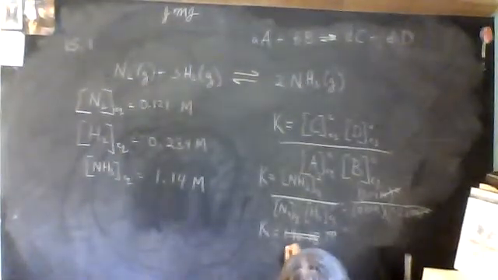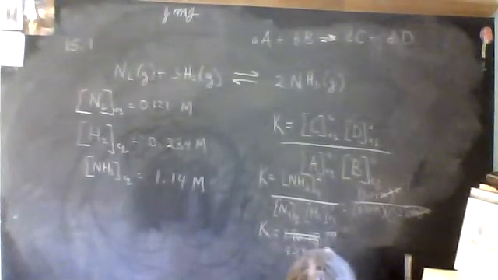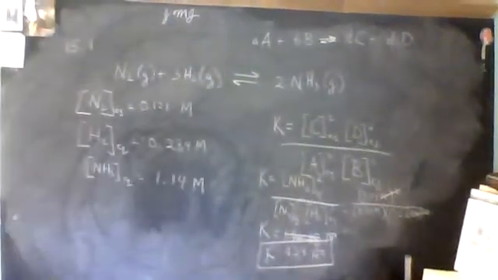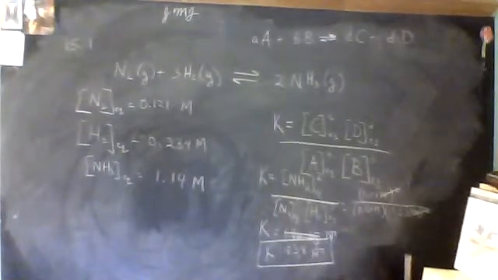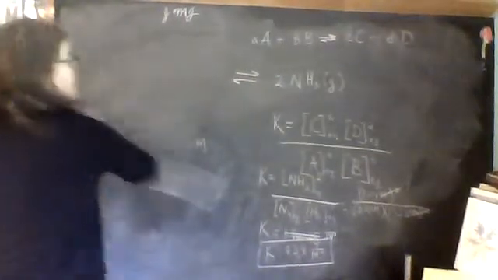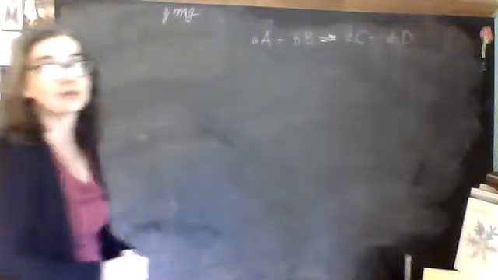I made a mistake. 838, with the correct significant digits, in units of 1 over molarity squared, is our equilibrium constant. You can only get it right using the parentheses if you put in the right numbers. I squared it instead of cubing it.